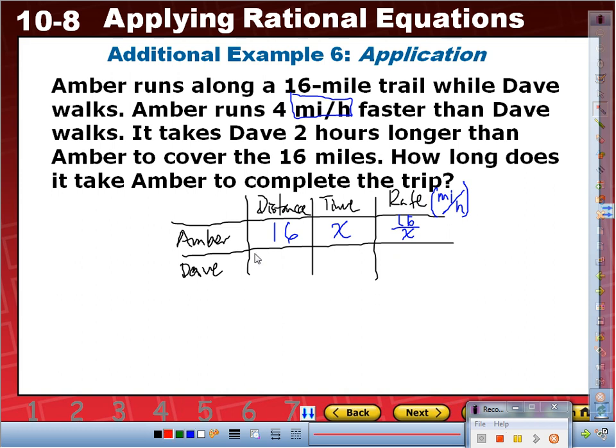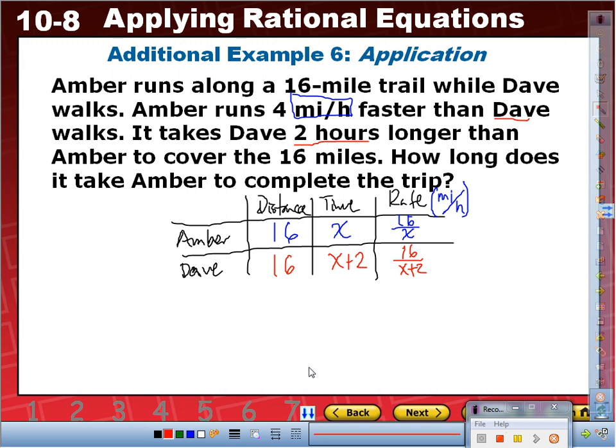Second, Dave. What was the distance for Dave? 16. And then it says Dave takes 2 hours longer than Amber: x plus 2. So our rate would be what? 16 over x plus 2. So far so good?